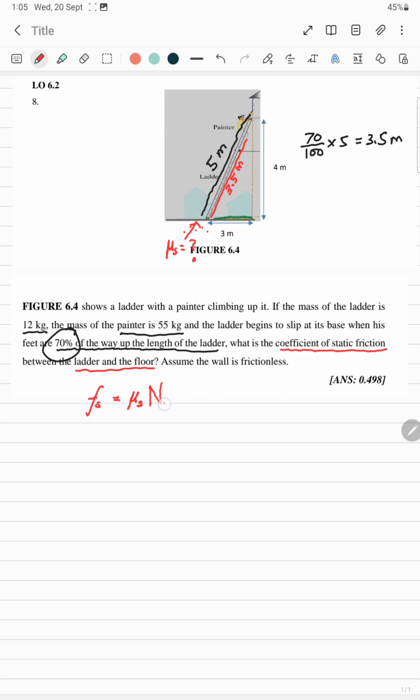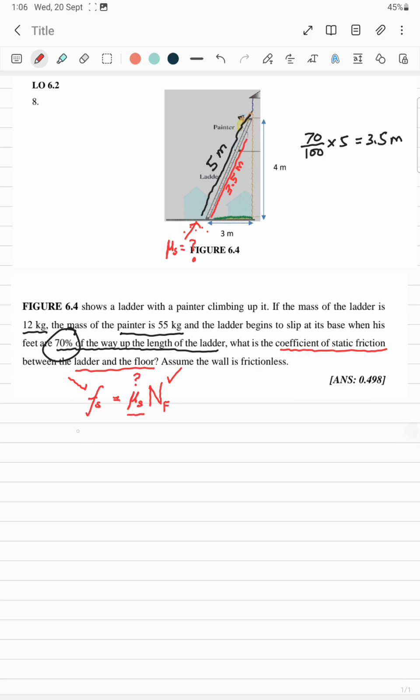The normal force here refers to the normal force from the floor. So in order to solve this question, I need to calculate the normal force from the floor and also the static friction force. Then we can find the coefficient of static friction between the ladder and the floor.